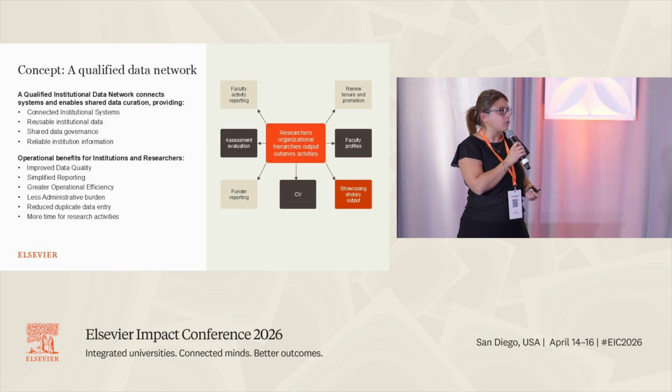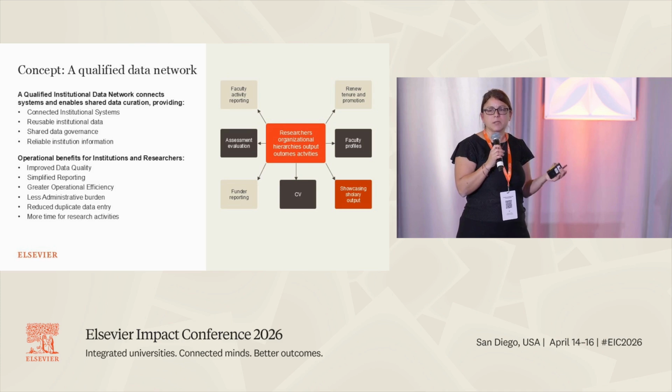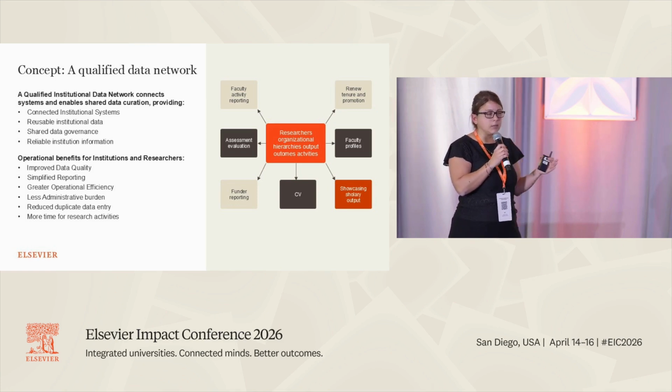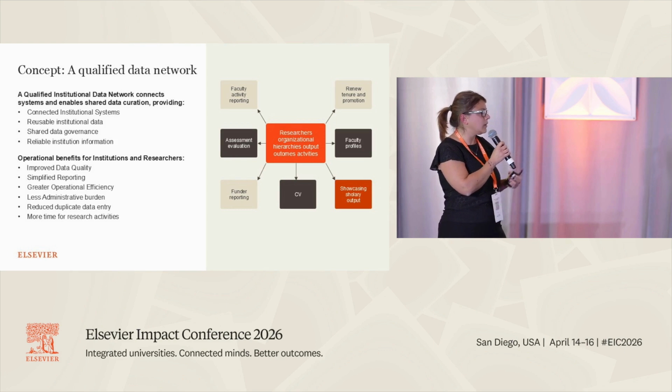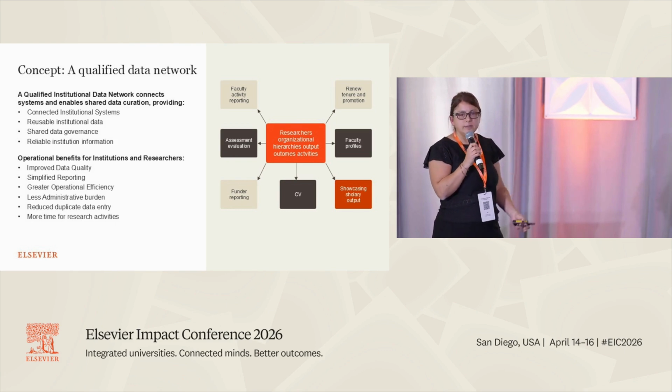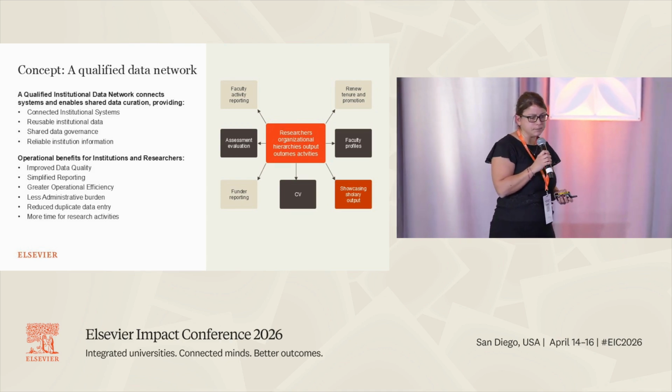And data governance we need because once we are sharing data between the different systems, we want to make sure that the data is protected, that there is proper access to the data depending on where the data is, and that we can guarantee a high quality and completeness of the data.